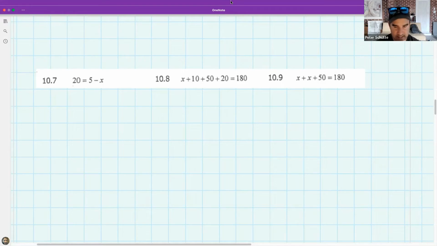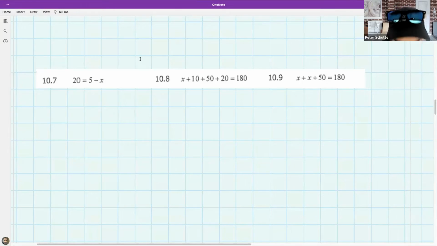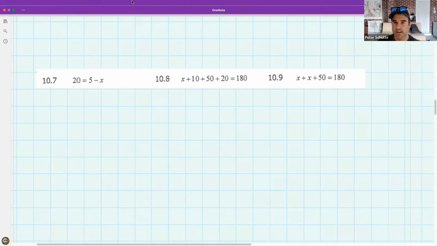When you collect them, what processes or skills can you use that we spoke about earlier in the lesson to help us solve these equations? And even 10.7 is a little bit sneaky, but there are a couple of ways of doing it, but I want you to do the best you can. And then I will go through the answers for these. But I'm going to give you some time for that now.